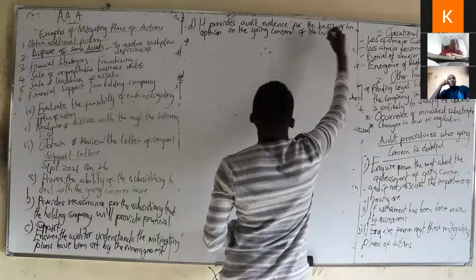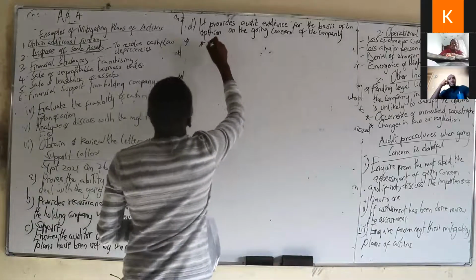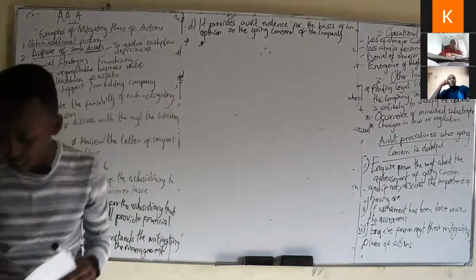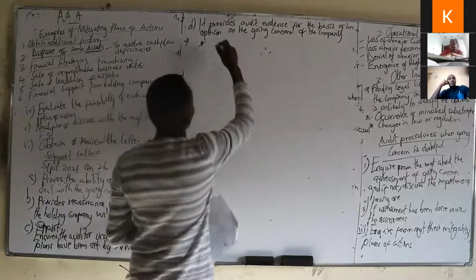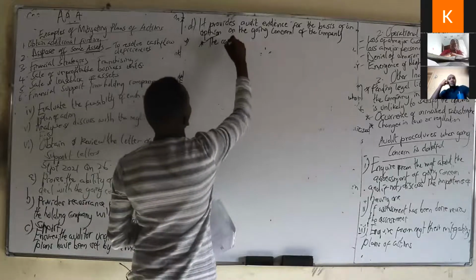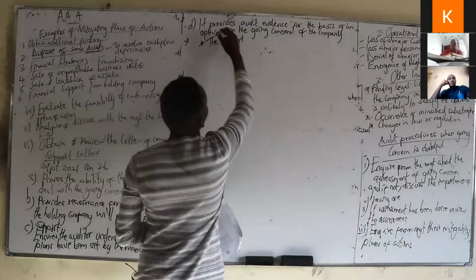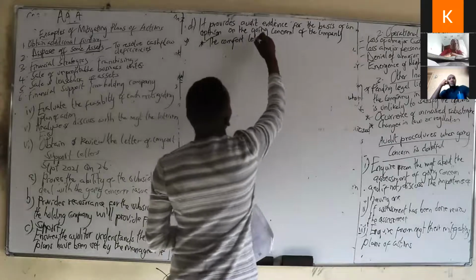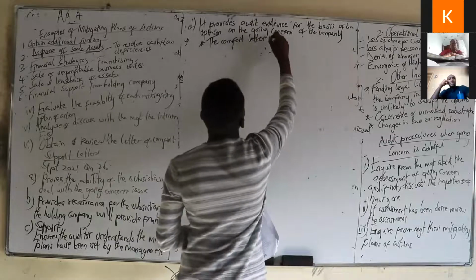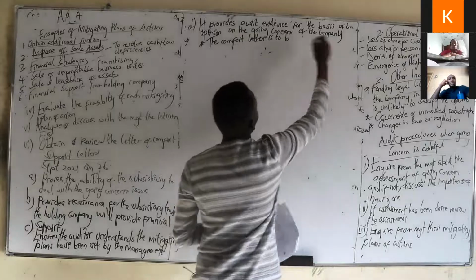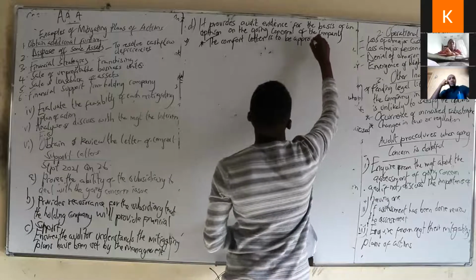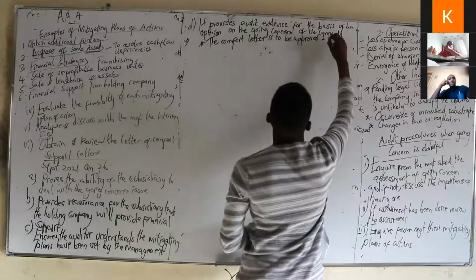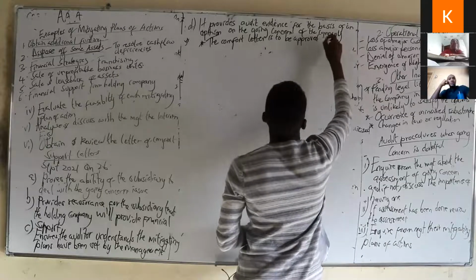In this case, the comfort letter provides audit evidence. The comfort letter is to be approved, and the auditor checks on this, at the board meeting.